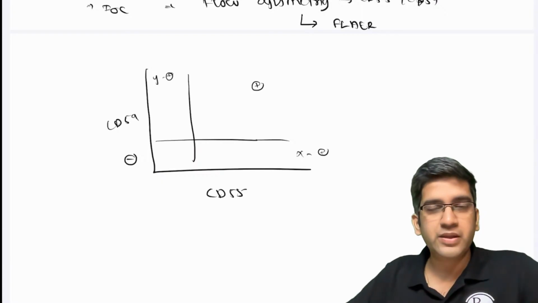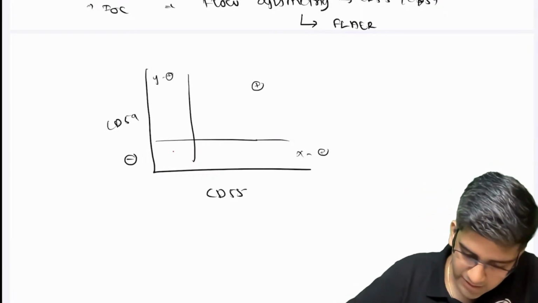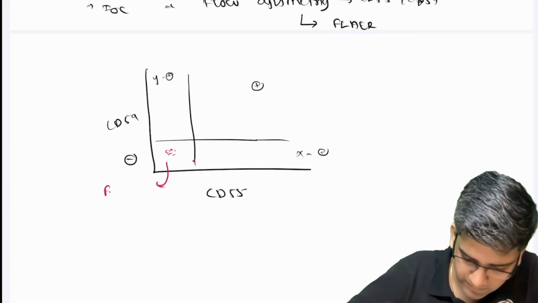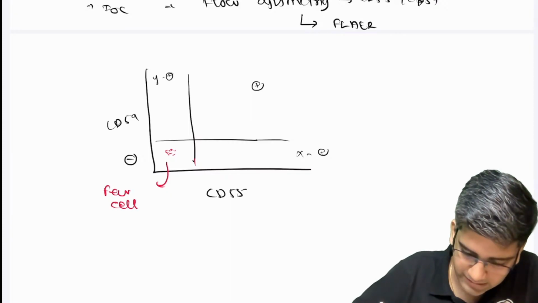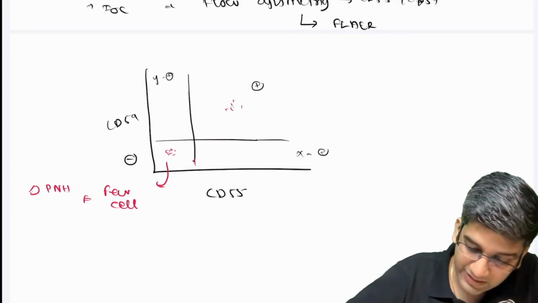Here, if I have a few cells here, that's more than enough for me. Even a few cells here, the diagnosis is PNH.